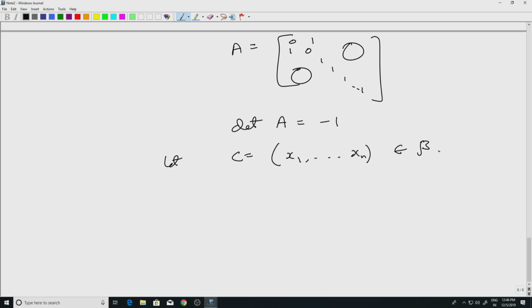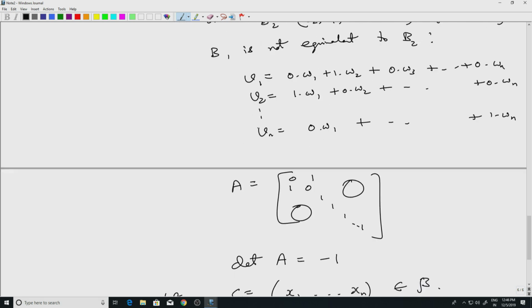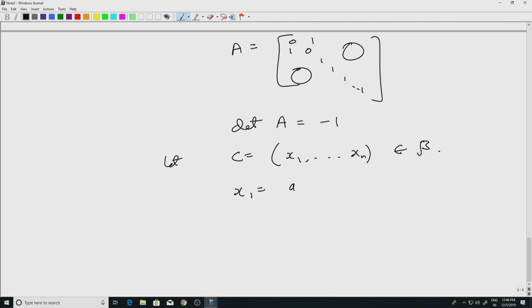Well, as usual, I can write C in terms of the basis B1. So x1 equals A11 V1 plus etc. plus A1n Vn, up to xn equals An1 V1 plus etc. plus Ann Vn.